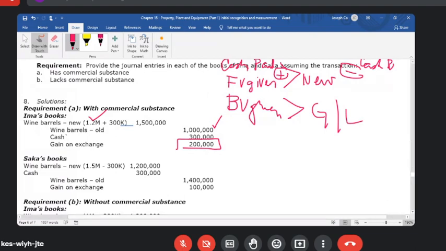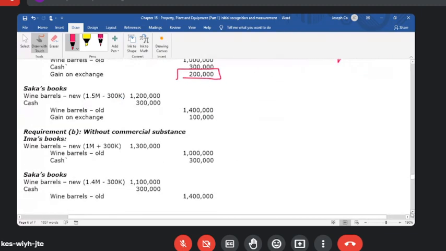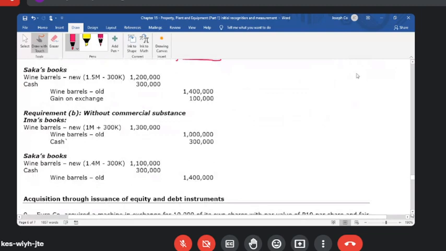On the other hand, pag lacks commercial substance, walang gain, walang loss, no? Ignore fair value, book value given plus cash paid or book value given minus cash received is equal to new asset, no? Wine barrel new 1.2.